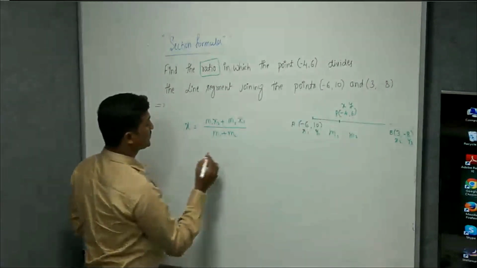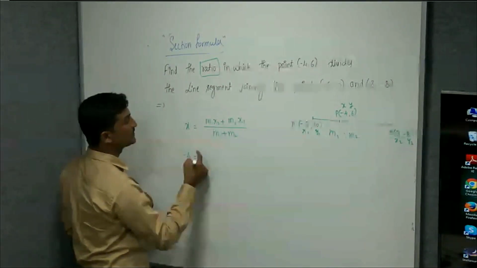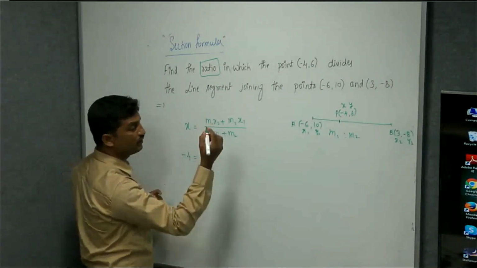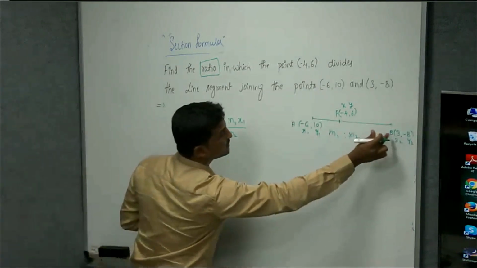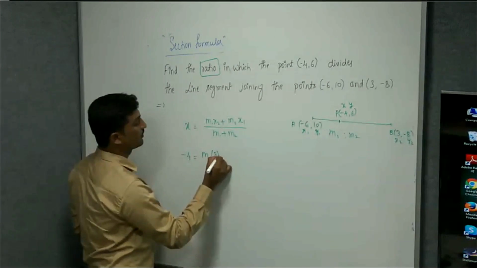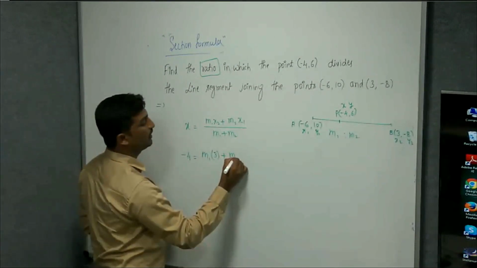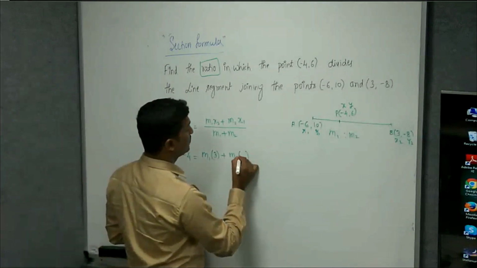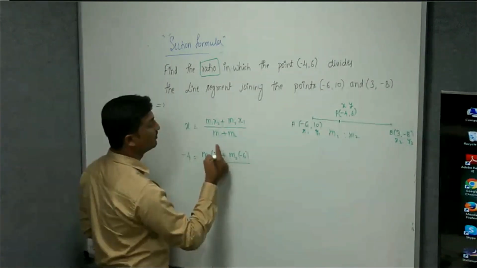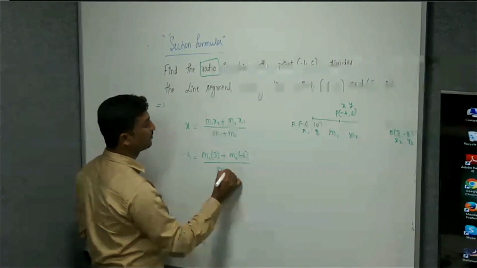What is x? x is minus 4. That is equal to, what is m1? We don't know m1, so write m1 as it is. What is x2? x2 is 3, plus, we don't know m2, so write down m2. What is x1? Again, x1 is minus 6, divided by m1 plus m2.